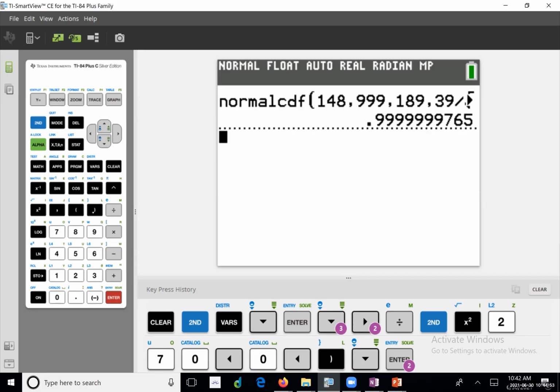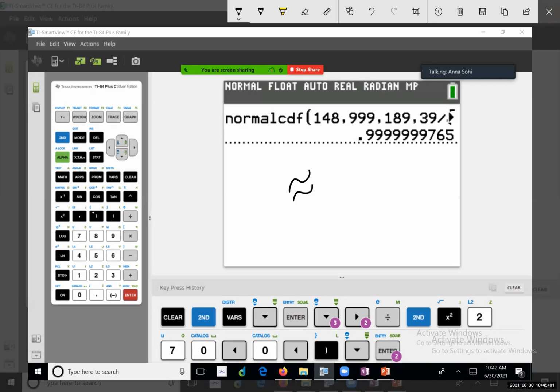Okay. And that's almost 100%. That's about 1. It's pretty certain that if you randomly select 27 males, their weight will be more than 148. So that means the elevator will not be safe.